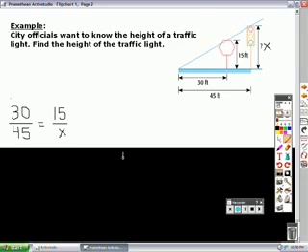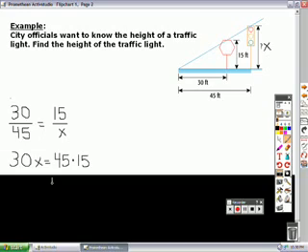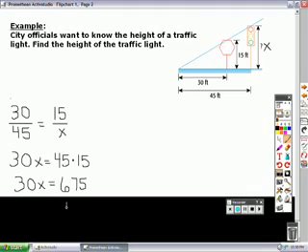In order to solve a proportion, you need to cross multiply. You cross multiply 30 and X. You set it equal to 45 times 15. In order to solve this equation, we need to simplify the right-hand side by multiplying. 45 times 15 is 675.